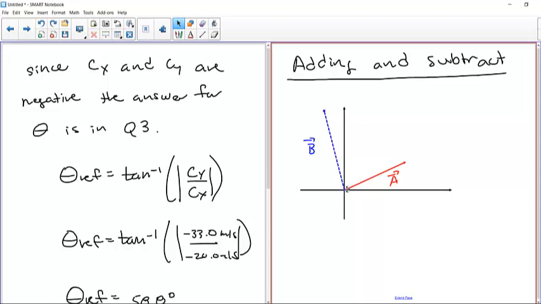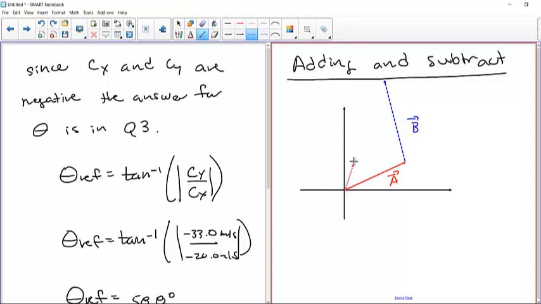So what you do is you take one of the vectors and you put it in standard position where the tail is at the origin and the tip is somewhere out in space. Then you take the second vector and you connect the tail of the second vector to the tip of the first vector. And what we call the resultant vector goes from the tail of the first vector to the tip of the second vector.